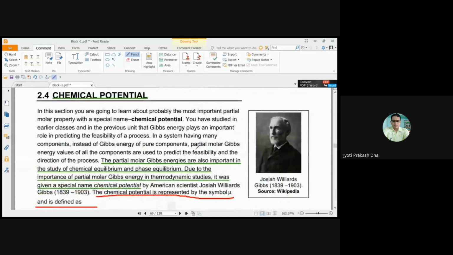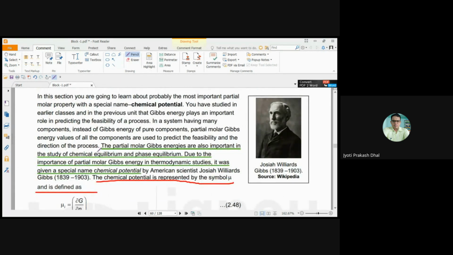Now coming to the next important property, which is called chemical potential. The chemical potential is nothing but partial molar Gibbs energy. As the Gibbs energy is an important parameter to find the criteria of spontaneity of a process, here we will discuss the partial molar Gibbs energy.